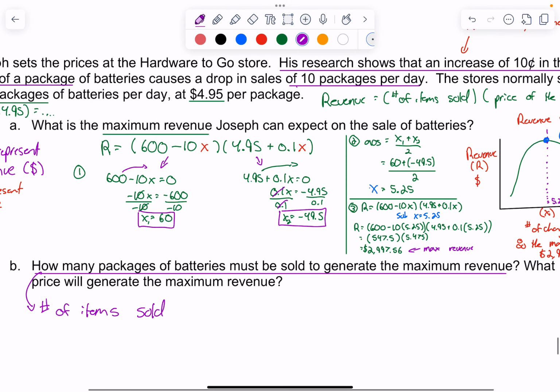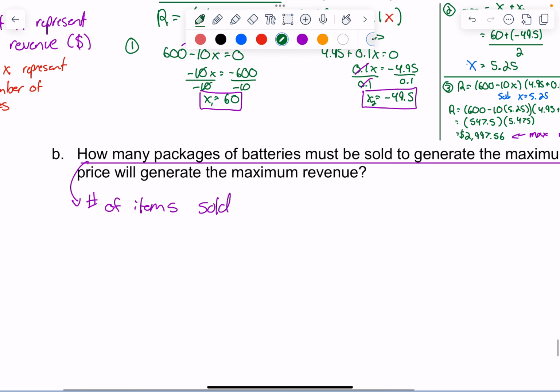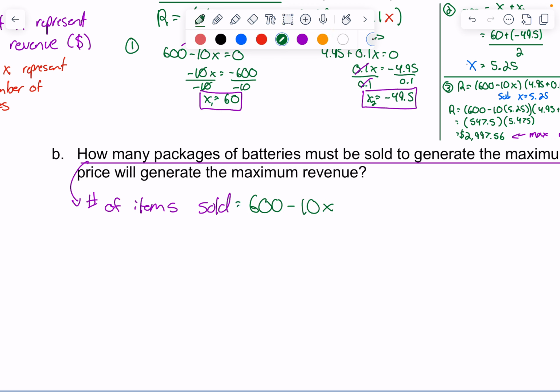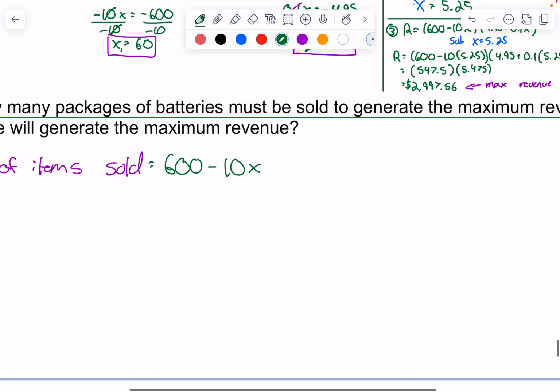So that was your first bracket right here. Number of items sold is 600 minus 10x.